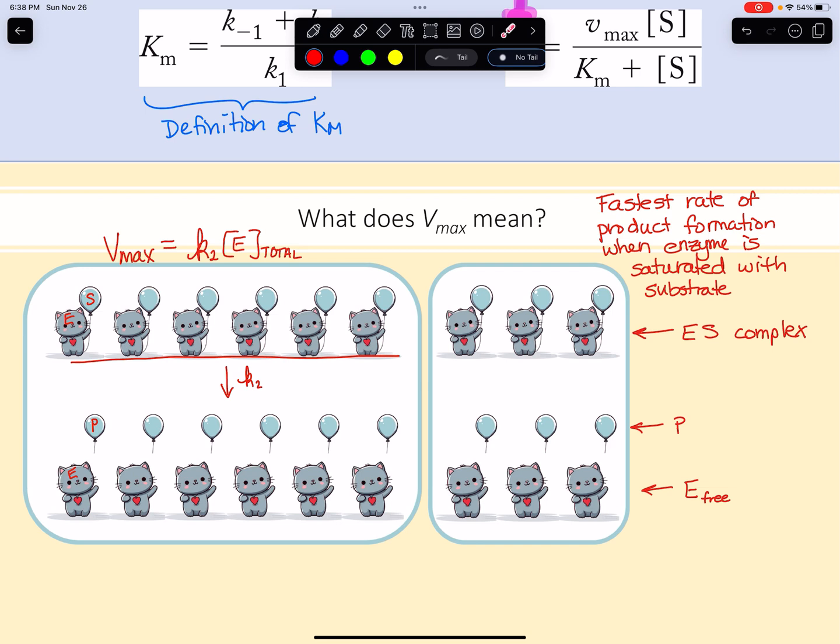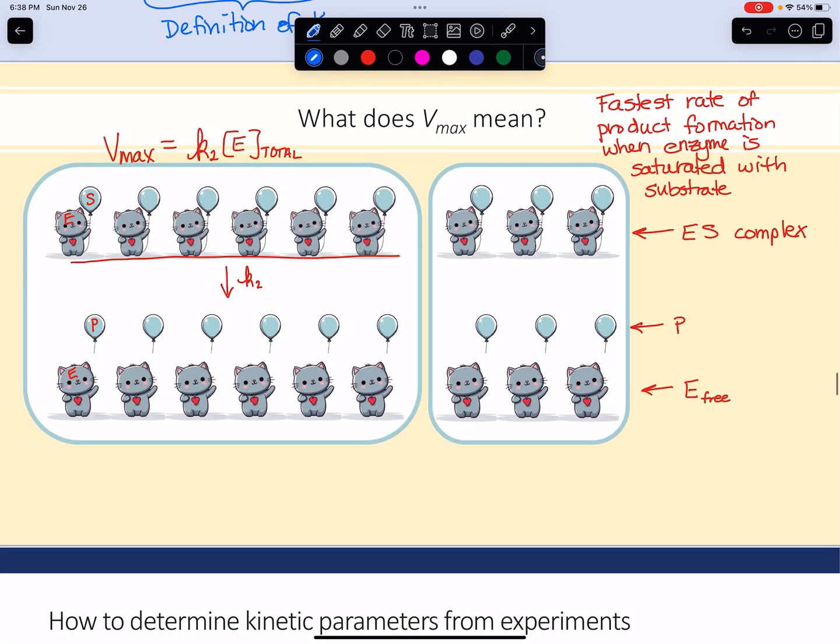Okay, so Vmax is not the catalytic rate constant, but if I know how much enzyme I have, I can figure out what my catalytic rate constant is by taking the Vmax I measure and dividing it by how much enzyme I put into my experiment.